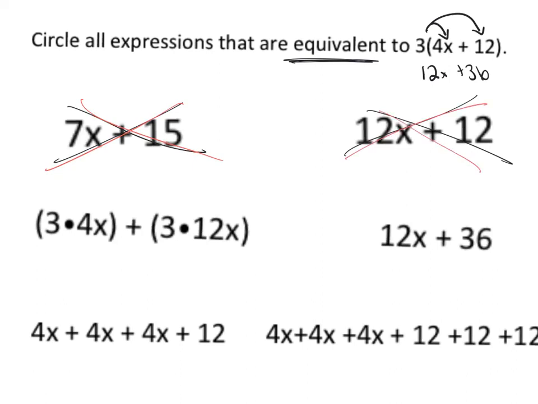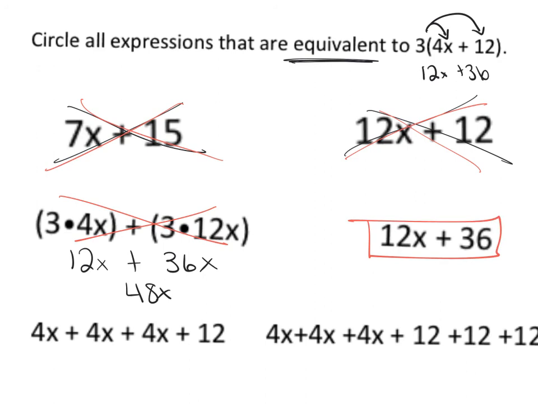Okay, next we have 3 times 4x plus 3 times 12x. Well, let's work this out. 3 times 4x is 12x, plus 3 times 12x is 36x. But since they are both x's, we can actually add them, which gives me 48x. So this one is also not true because it's all x's. This one clearly is an option because it's exactly the same. And then we need to check these.